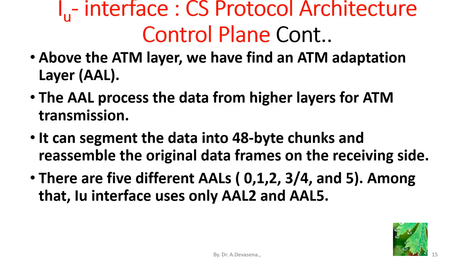There are 5 different AALs. They are AAL0, AAL1, AAL2, AAL3 or 4 and AAL5. Among that, IU interface uses only AAL2 and AAL5. Both are used in IUCS interface.